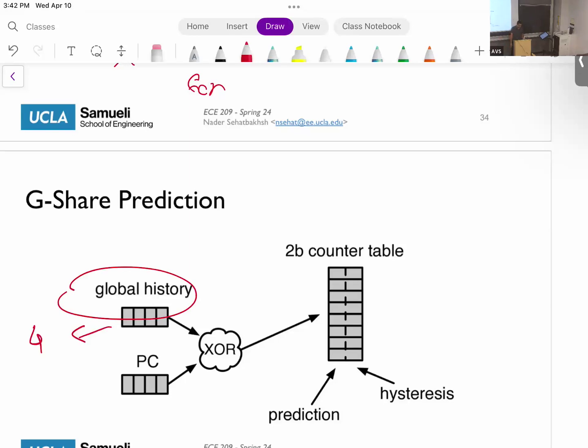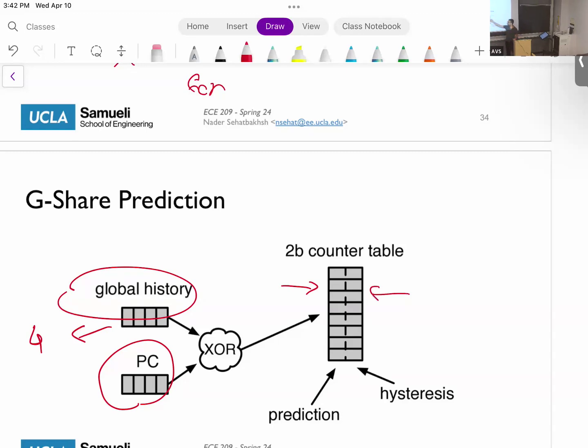Now we take our PC. Remember that in order to access this table, we were using the PC, right? So instead of directly using the PC to access this, what we're going to do now is XOR the global history with the PC. We're going to create some form of hashing, and then access this.